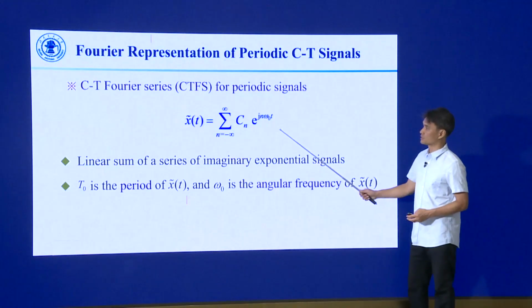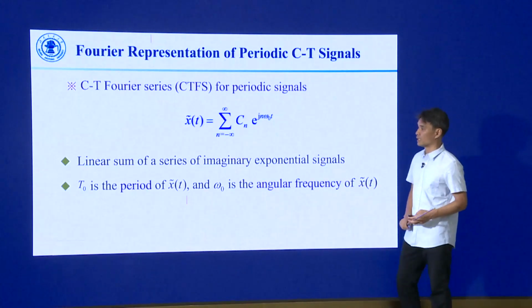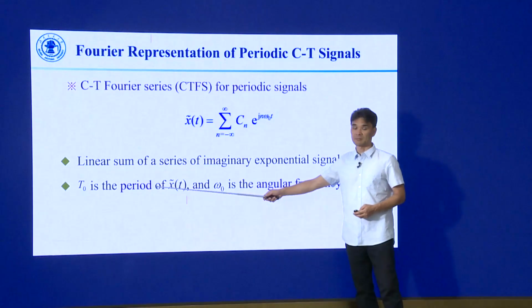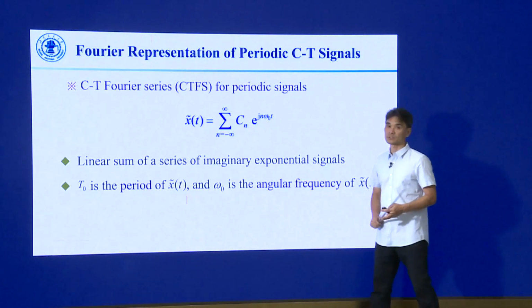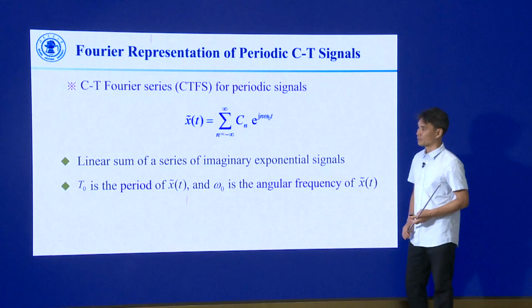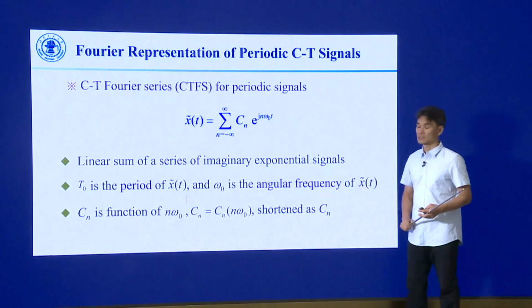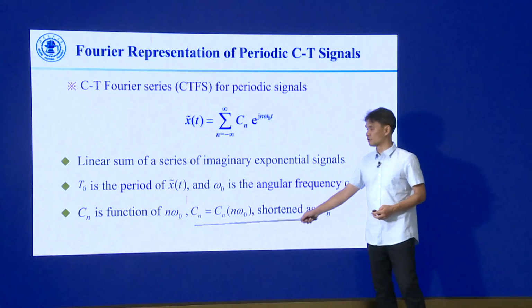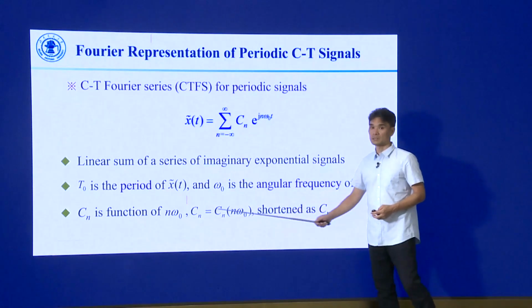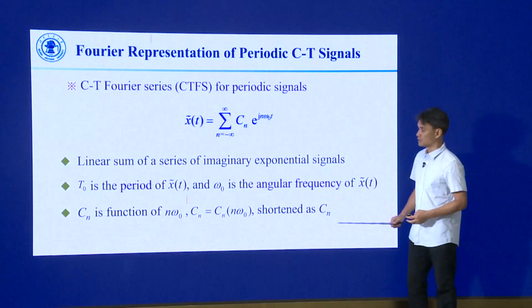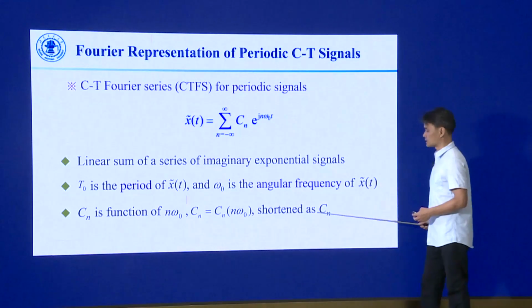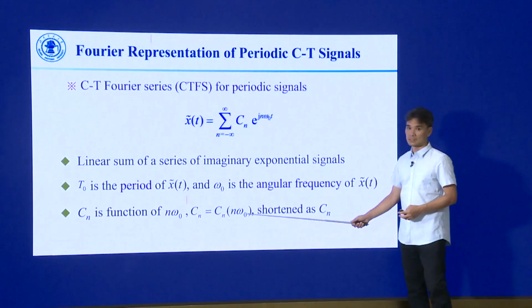In this equation, omega sub naught is related to the fundamental period of the original signal in the time domain. And here, C sub n is the coefficient. It is actually a function of n times omega sub naught, but usually we only use C sub n to represent that signal.